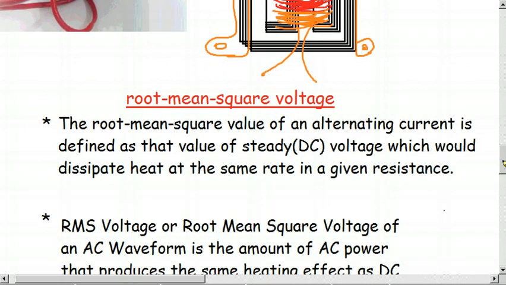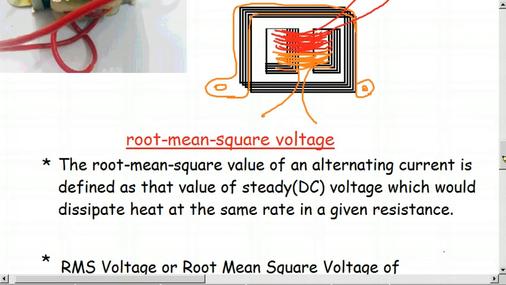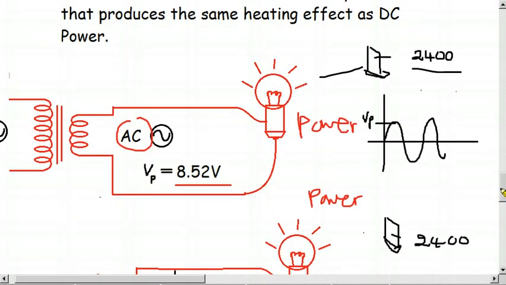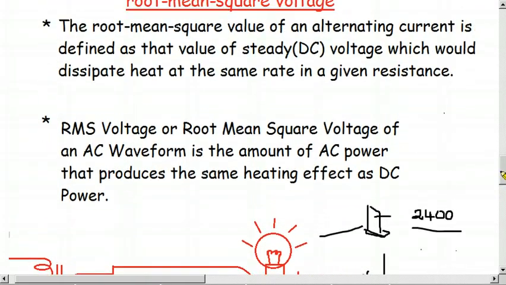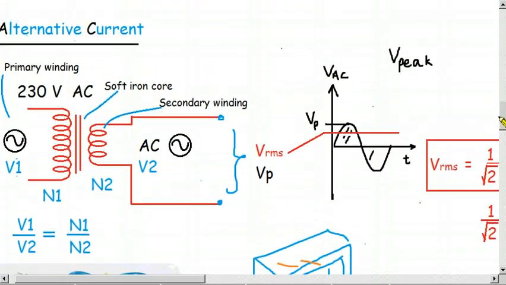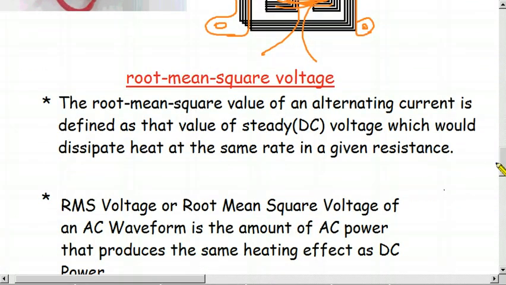Keep it in your mind and memorize it, because sometimes they ask what is meant by VRMS. Then you have to write it according to the definition. You can't just use simple words, otherwise you won't get marks.